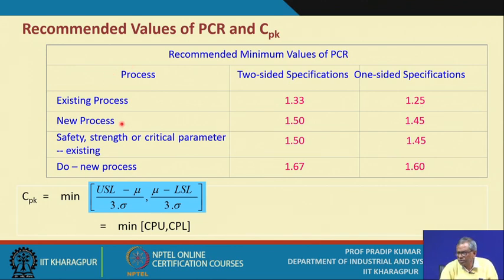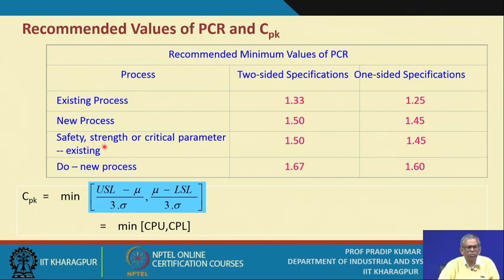If it is a new process, obviously its performance is expected to be higher. So, for two-sided specifications, you set 1.50 as the recommended minimum value for PCR, and for one-sided specification slightly less, that is 1.45.